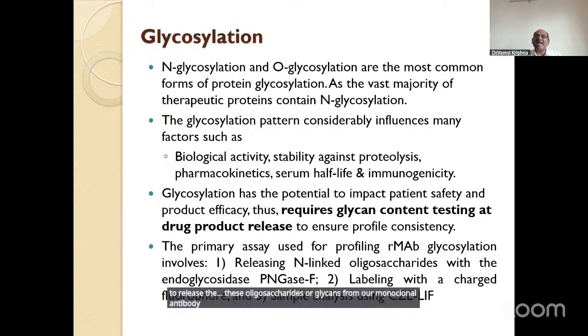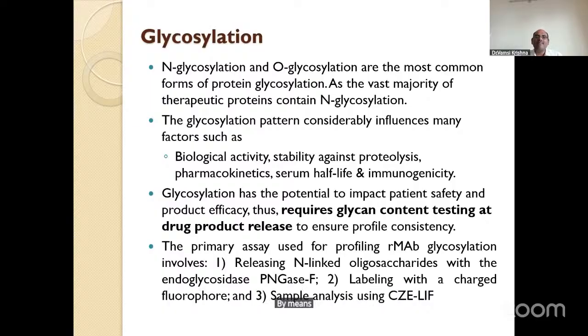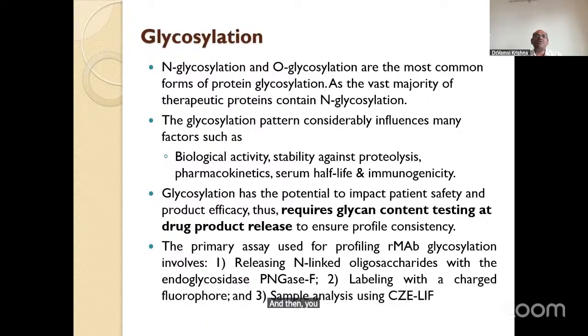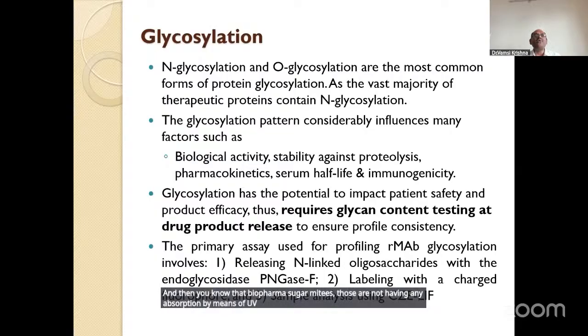The release of N-linked oligosaccharides is done by an enzyme called peptide N-glycosidase F, PNGase F. This is the common enzyme we treat monoclonal antibodies or biopharmaceuticals with to release the glycan content. And you know that sugar moieties do not have any UV absorption.